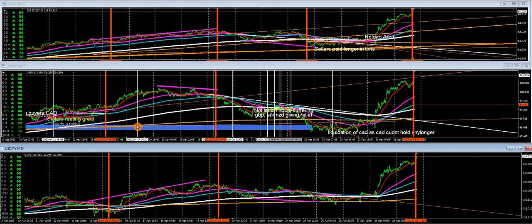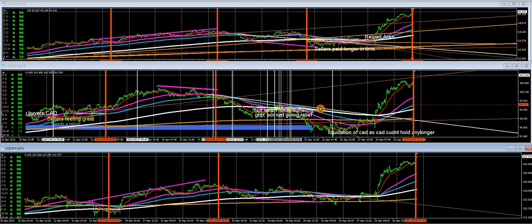Right, so here the only currency that was able to come back to our level was CAD. Everyone's got the sellers profiting while the sellers on the other ones are losing.